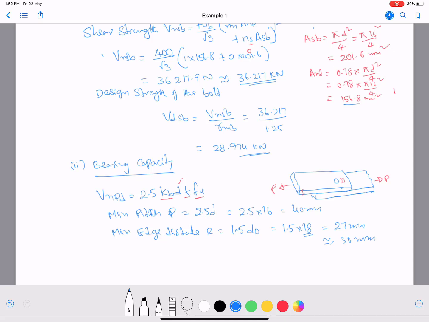So let's provide for our connection P equal to 40 mm and edge distance equal to 30 mm.